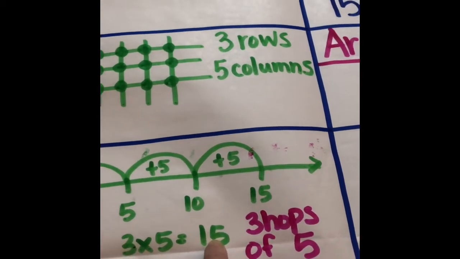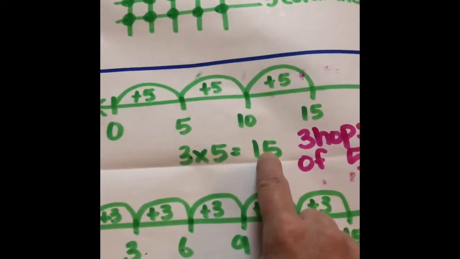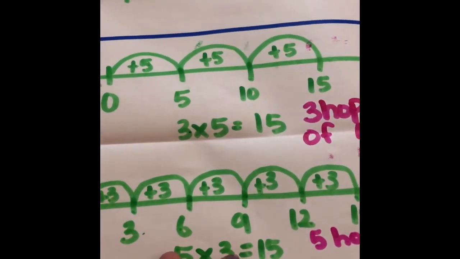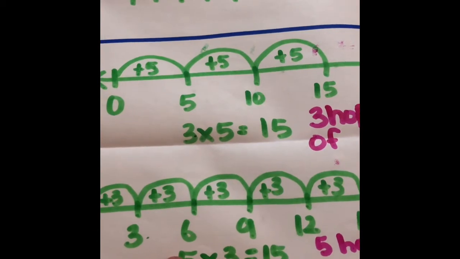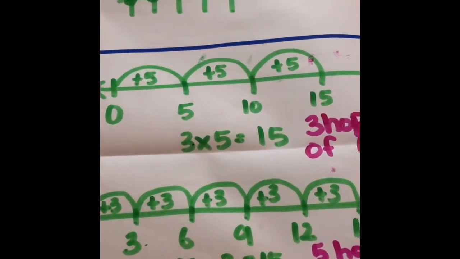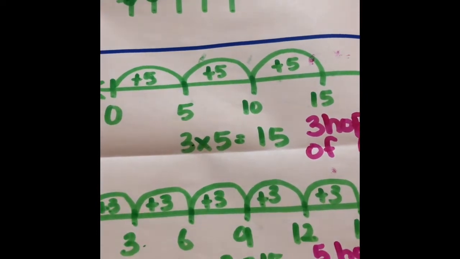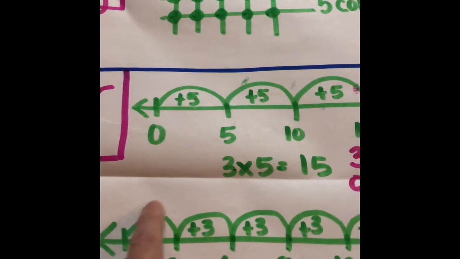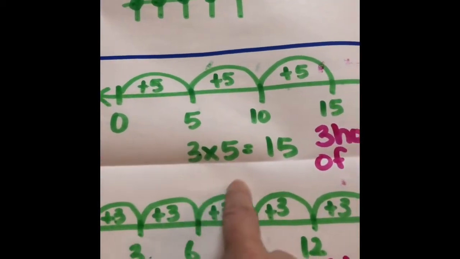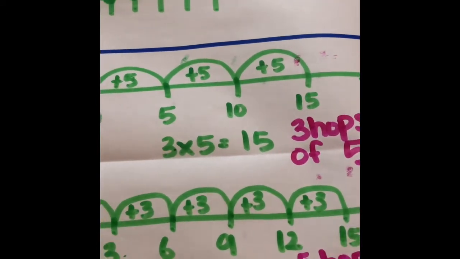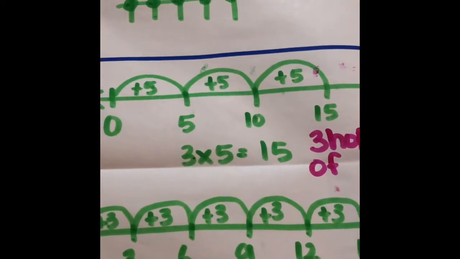Now if I think about commutative property, which we've been talking a lot about, I know that if I take those factors and I flip them around or switch them around, that I'm also going to get the same product. So let's see what that would look like on a number line. So if I take this first factor, which is 5, that means I now need 1, 2, 3, 4, 5 hops, and this time my hops are going to be adding 3 each time.